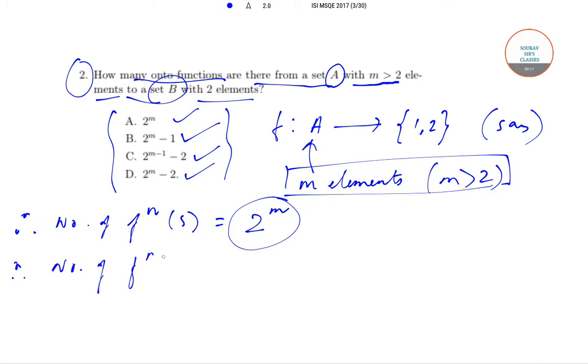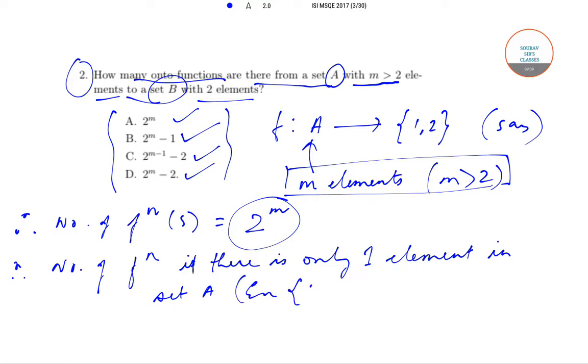Now if there is only one element in set A, for example if the set is of the form having the value 1 or the value 2, in that case the number of functions will be 2.